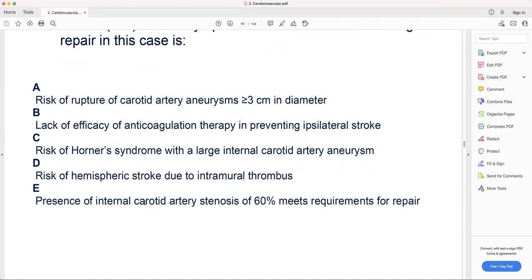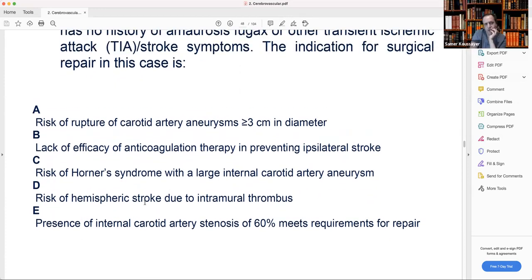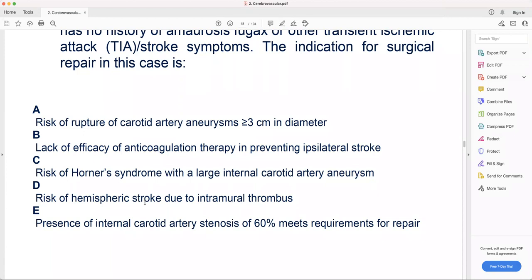Risk of hemispheric stroke due to intramural thrombus. So, why do we do surgery? Indication for surgery: because of the risk of hemispheric stroke due to intramural thrombus. Correct or wrong? Yes, you have intramural thrombus and you have an aneurysm, so the risk of stroke is high. You have to prevent it.